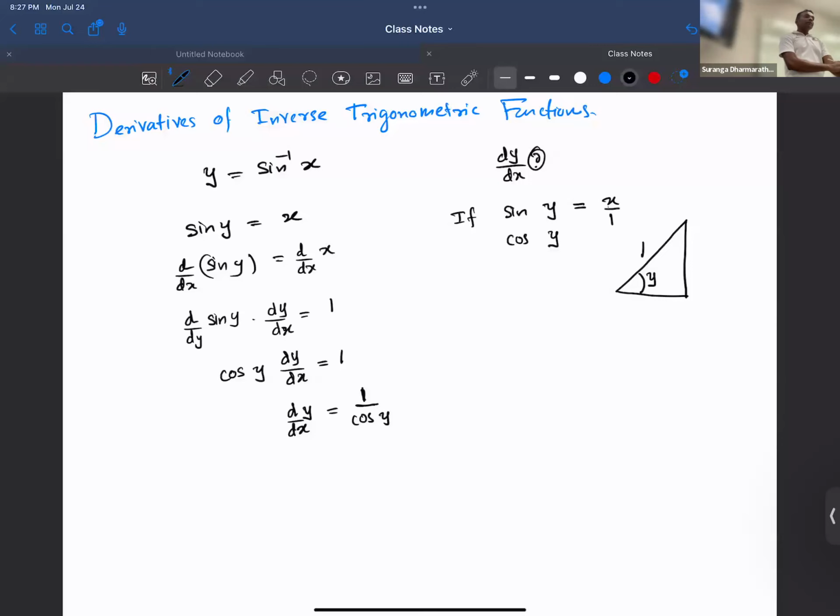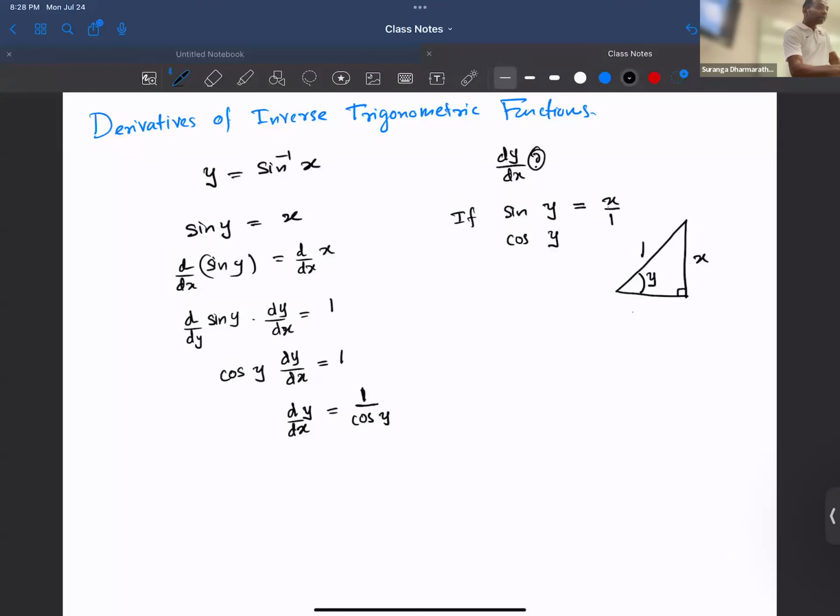What is the opposite side? x. Then what is the adjacent side to angle y? Can you find the length of the adjacent side? Do we know some rule or theorem? Pythagorean theorem, right?